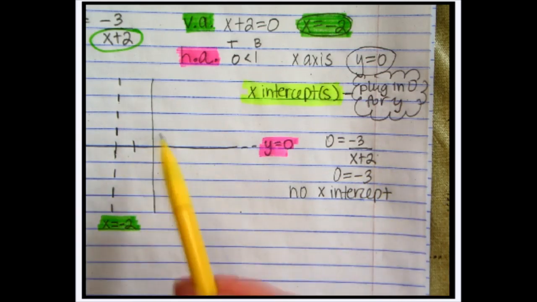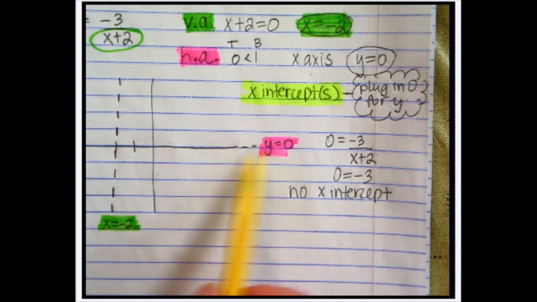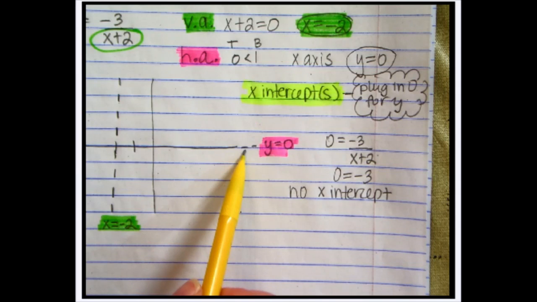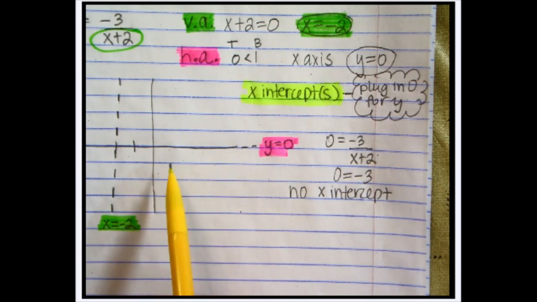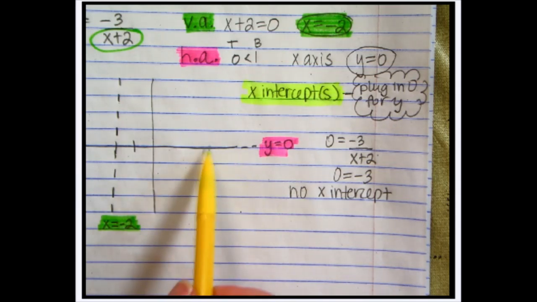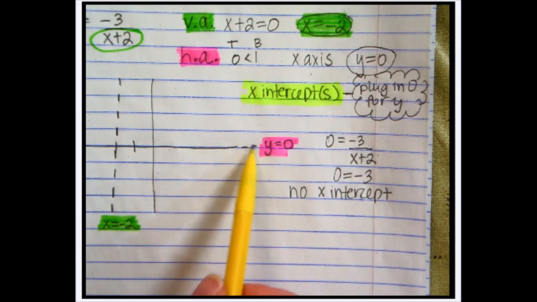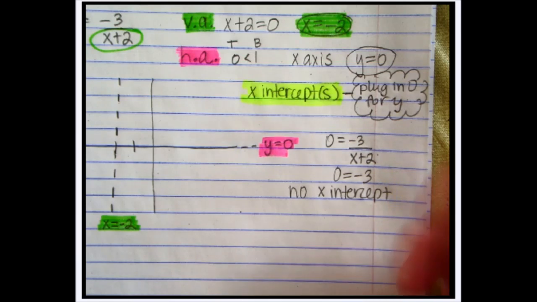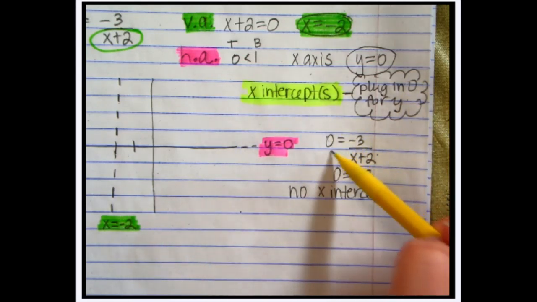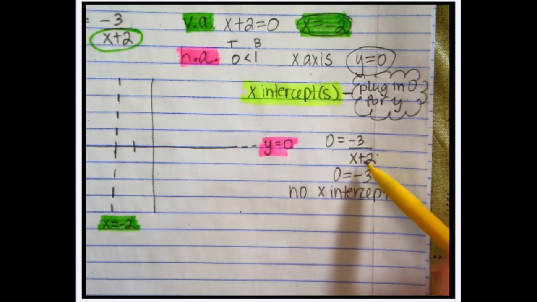This shouldn't surprise us because we do have a horizontal asymptote at y equals 0, so to not have an x-intercept wouldn't be strange, since that is an asymptote. Now, one thing I do want to mention, maybe a shortcut, is we will always be cross-multiplying here, and if we put 0 in for y, that's always going to knock the bottom out.